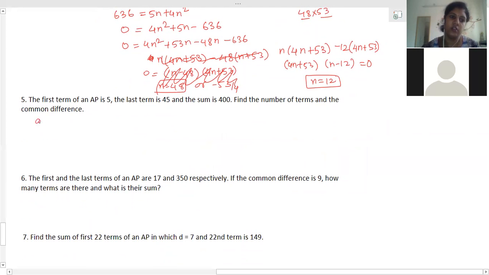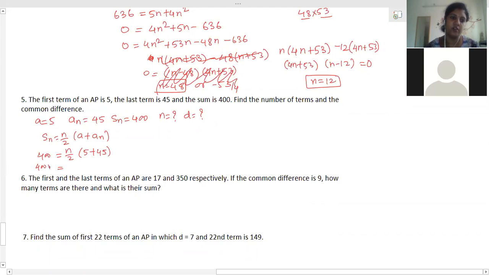So in this question, a is equal to 5, an is equal to 45, Sn is equal to 400. Ma'am, you have to find n, equal to 16? Yes. So Sn is equal to n by 2 into (a plus an). Sn is 400, n by 2 into (5 plus 45), that is 50.